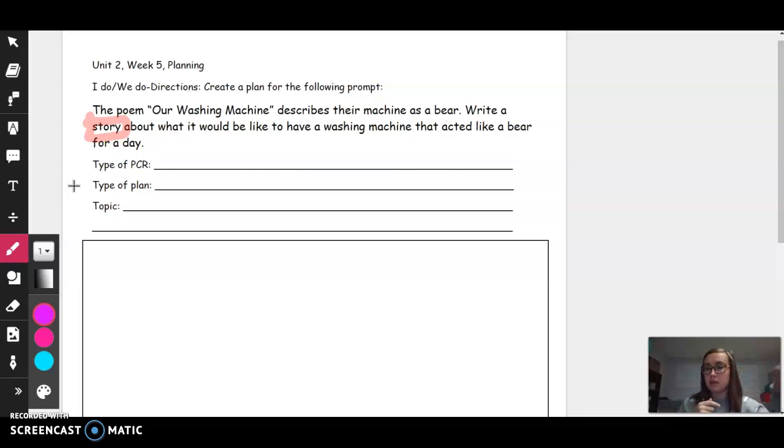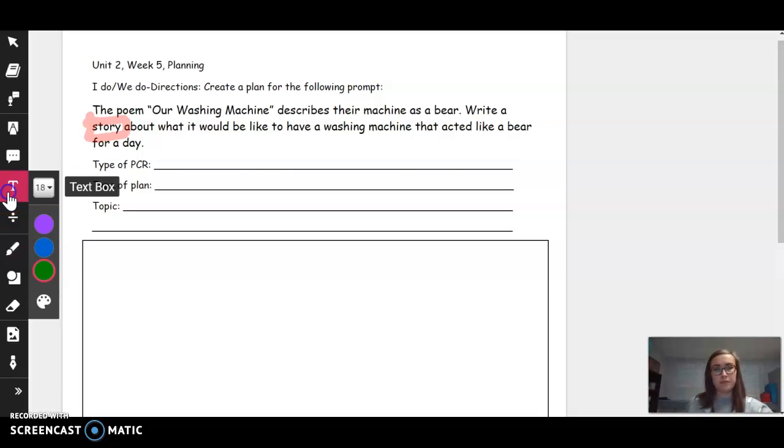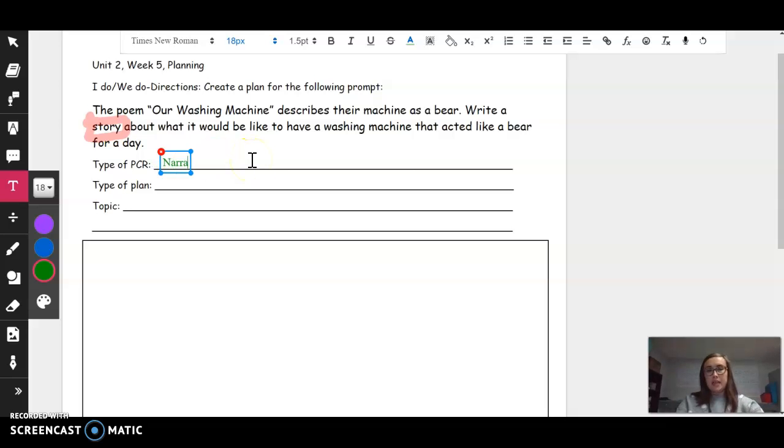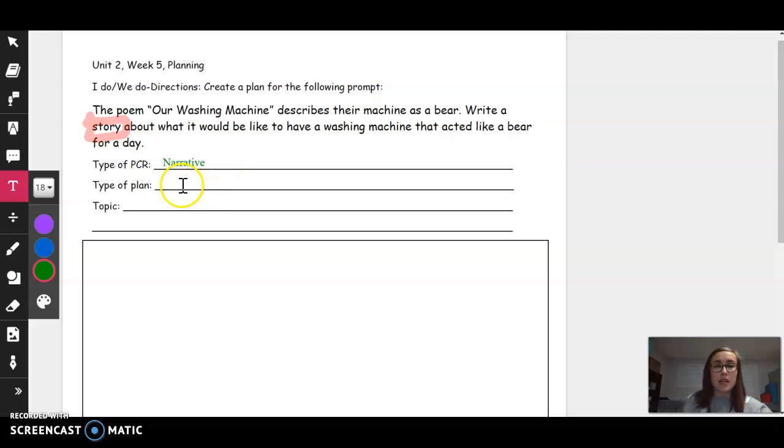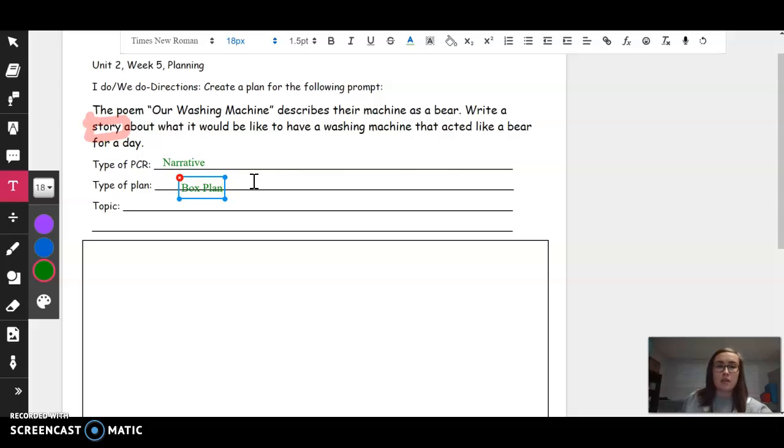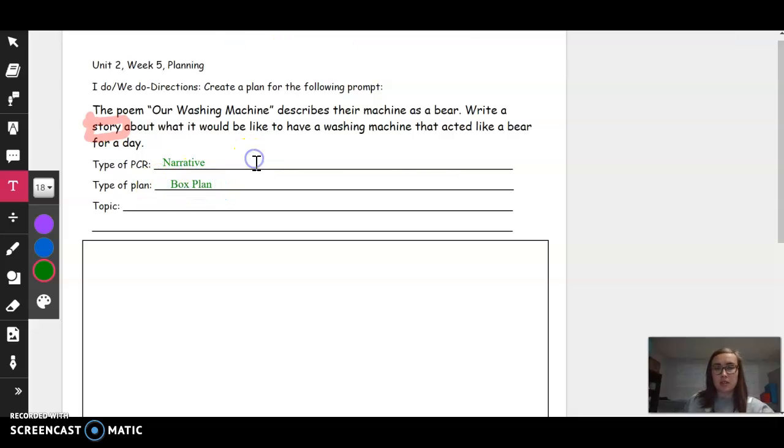So this one is telling us to write a story, so it's a narrative. So I am going to get my text box right here, and it is a narrative prompt, okay? And if it's a narrative prompt, then it is going to be a box plan. Okay, so I'm going to type that right there. So if it's a narrative, it's a box plan.